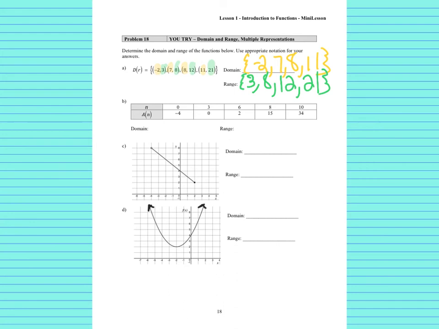Same thing when you did B. You should have just laid out your X's in the domain, laid out your Y's in the range. The top row of the table represents the domain because it's the input: 0, 3, 6, 8, 10. Already in order, so I just put some brackets.